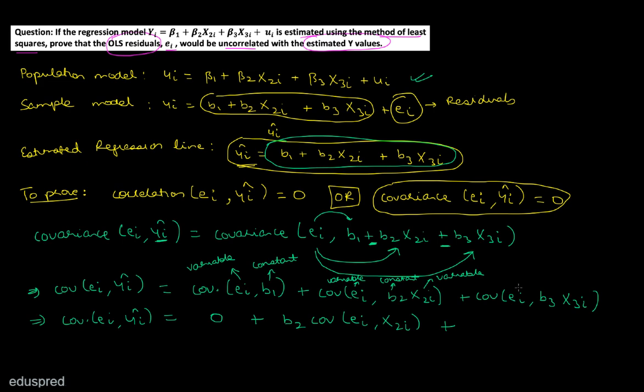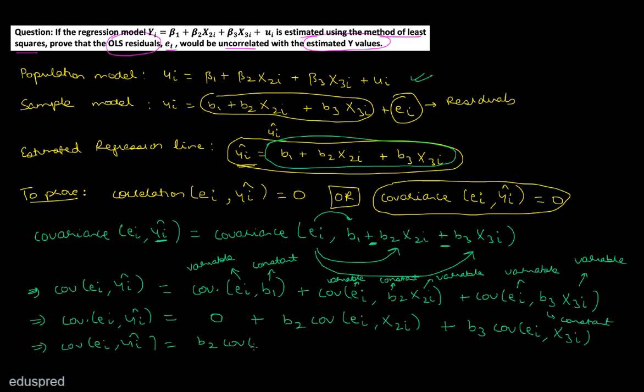Similarly, in the third expression, ei is a variable, b3 is a constant, and x3i is also a variable. So we can take the constant out, that is, we can write b3 covariance of ei with x3i. So the final expression that we get for covariance of ei with yi hat is equal to b2 times covariance of ei and x2i plus b3 times covariance of ei with x3i.